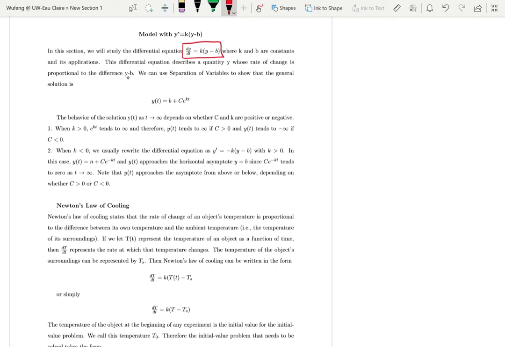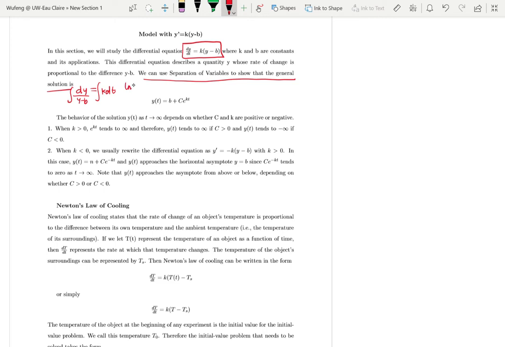Okay. So we can use separation of variables to solve this differential equation easily and get y of t equals b plus c e to the kt. What we can do is dy over y minus b equals k dt. And then you take the antiderivative on both sides.